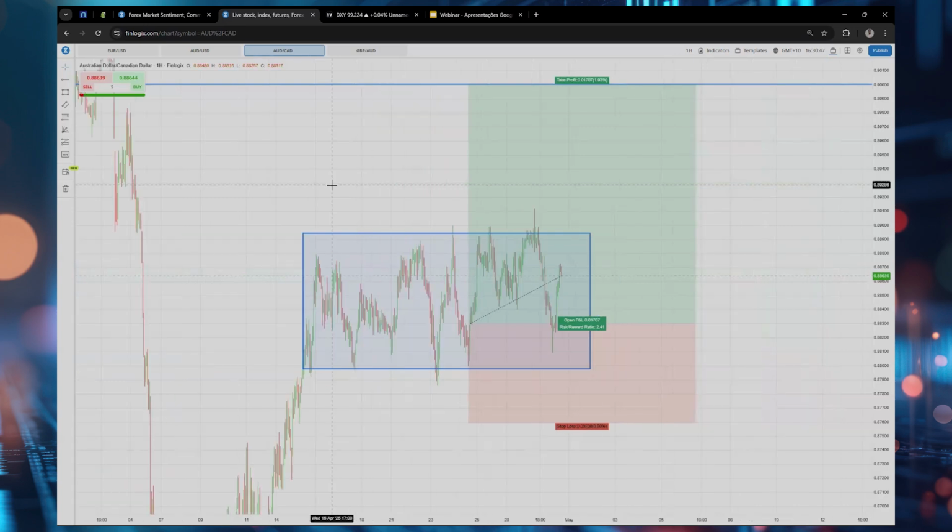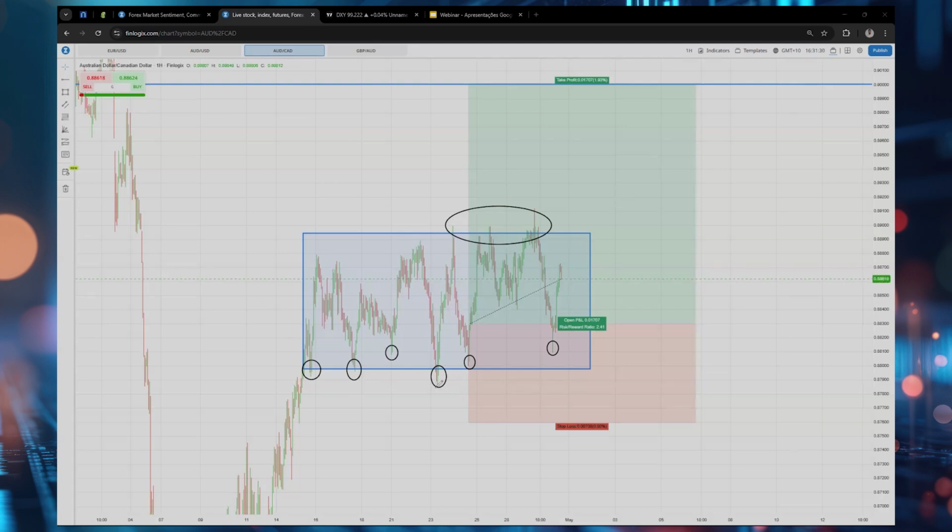Notice that we are making higher lows. If you look here, we have this one that is exactly like this one, and then we have an attempt a bit higher on the top, and then it pulls back again. So 1, 2, 3, and most likely the next impulse that we get is probably going to break through this price in here.